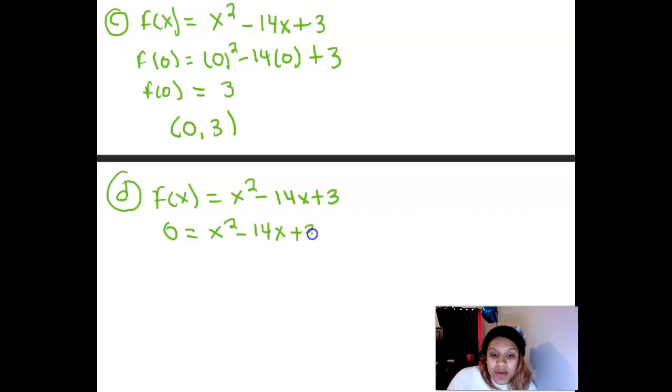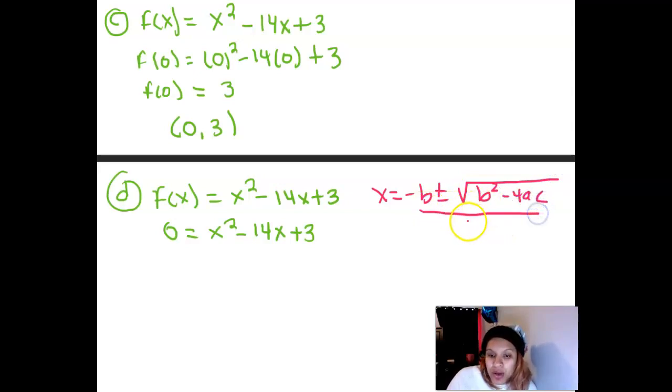This problem is not factorable, so we're going to use the quadratic formula to solve. It's nice when they're factorable, but no factors of 3 will add to 14. A is 1, B is negative 14, and C is 3. Let's substitute those values.